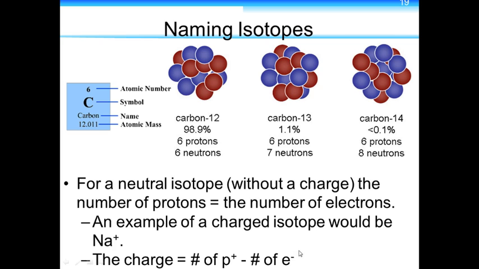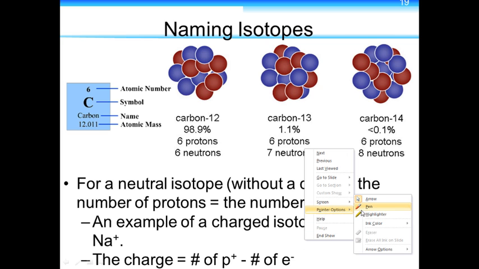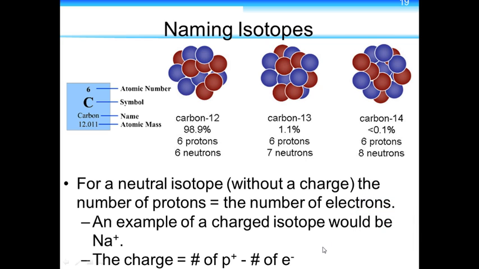In the case of sodium, if we look at the periodic table, sodium has 11 protons. Okay, if it has 11 protons and a charge of +1, it must only have 10 electrons for this particular form of sodium.